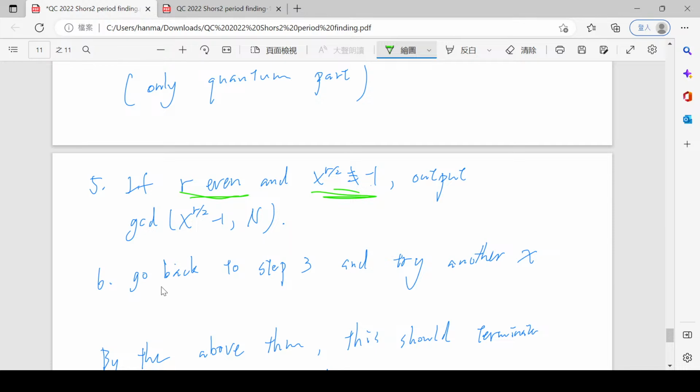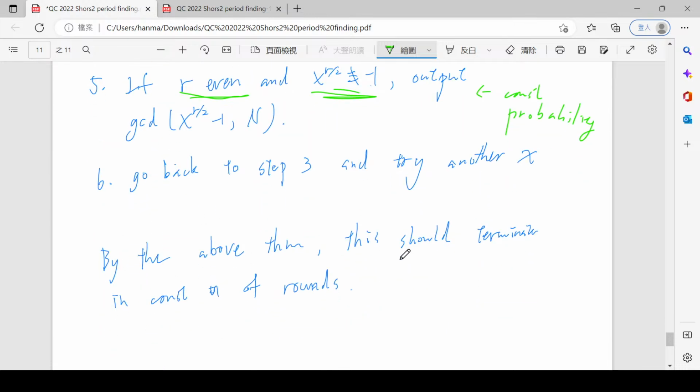Otherwise, we are unlucky, and we go back and try another x. This happens with constant probability, so going back only needs to happen a constant number of times.